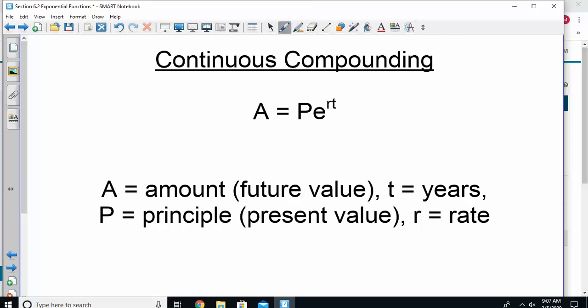A, P, r, and t represent the same thing as in the other formula. e is actually a button on the calculator. It's kind of like pi. Where the number e comes from is a little more complicated. It's a calculus idea. But just know e represents about 2.7 and this big decimal that never ends. And that's what we use when we talk about continuous compounding.